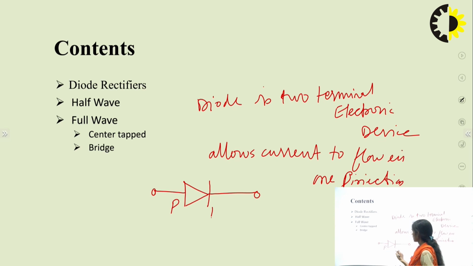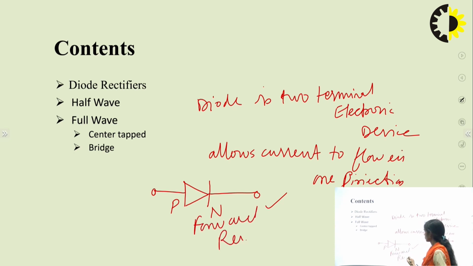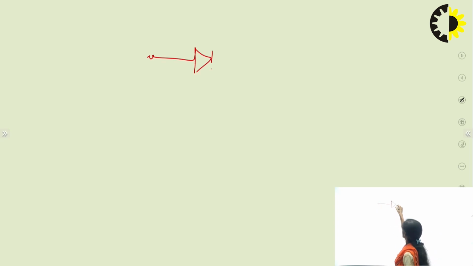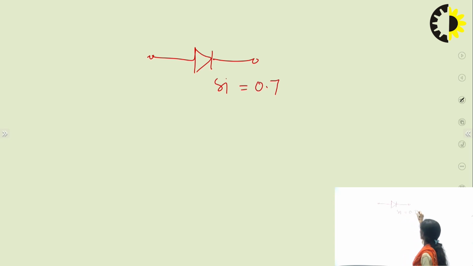So one is p side and another is n side. So in this we can see the working of diode. Diode works in two biases: one is forward bias and other is reverse bias. Since we know that this has a cut-in voltage, let's say if it is a silicon diode, it has a cut-in voltage of 0.7 volt.